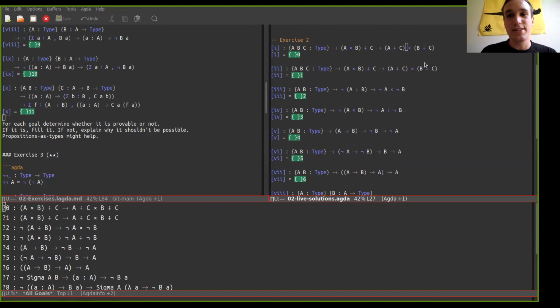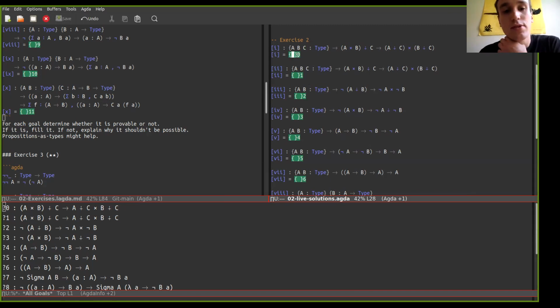Indeed. What this says is that if A and B or C, then A or C and B or C. Another way to think about it is that this is distributivity of or over and from the right. And this is indeed true.